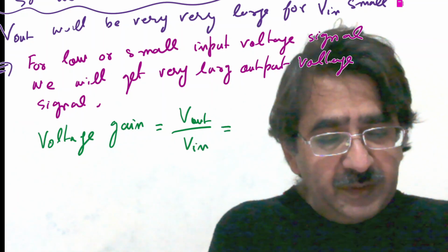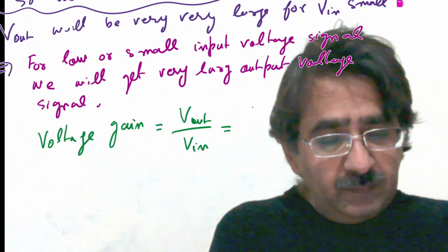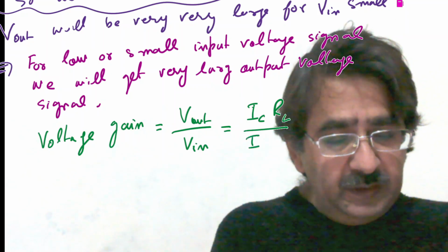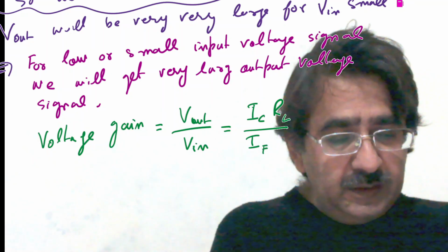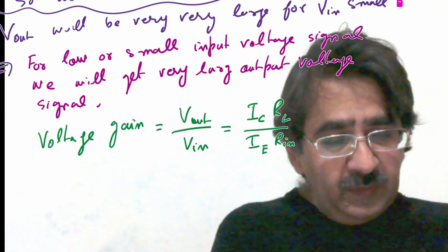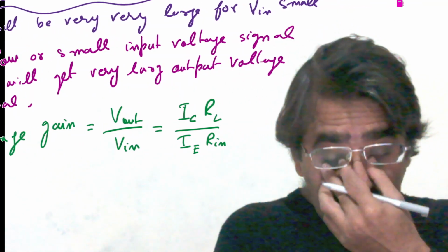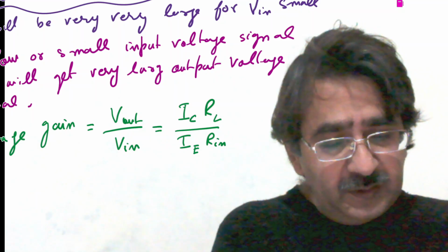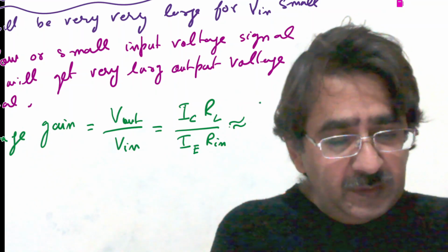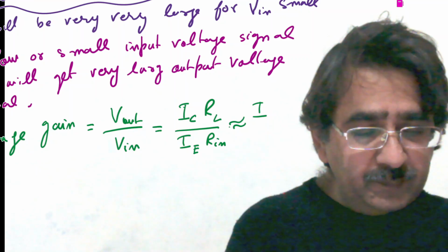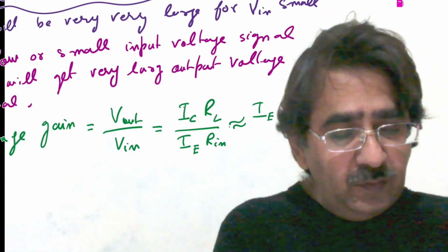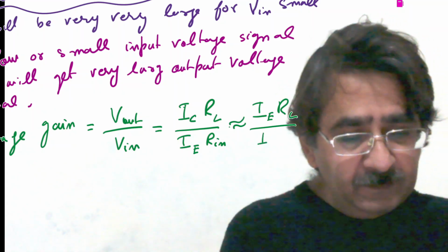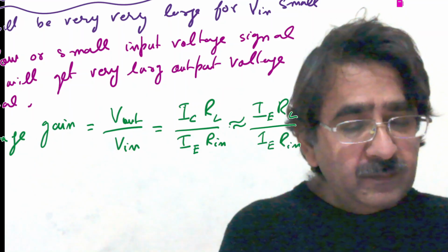So that will be approximately IC RL over IE R in. And since IC is approximately equal to IE, that will be IE RL over IE R in.